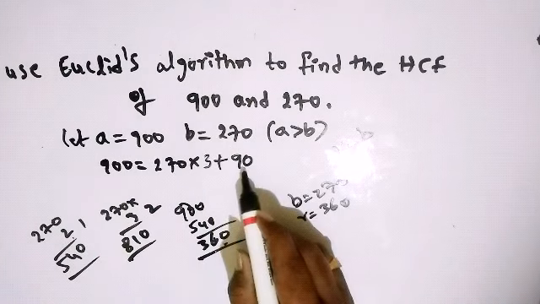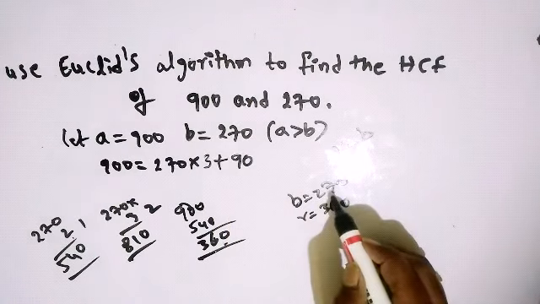Now see, the remainder is 90, which is less than B, since B is 270. So the nearest value of 900 is 270 × 3. Remember, always we take the nearest value of the given A. If we take any other multiple, we may get a result, but our condition is R is to be less than B. That is the reason we have to go with the nearest value.